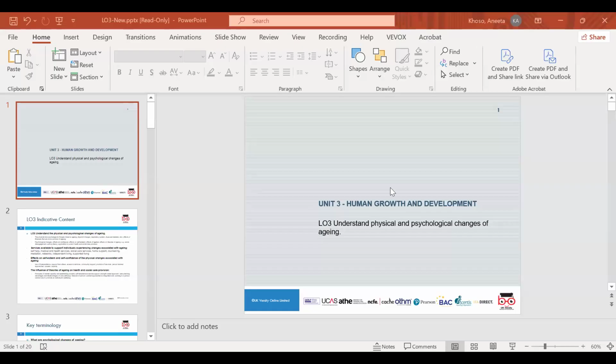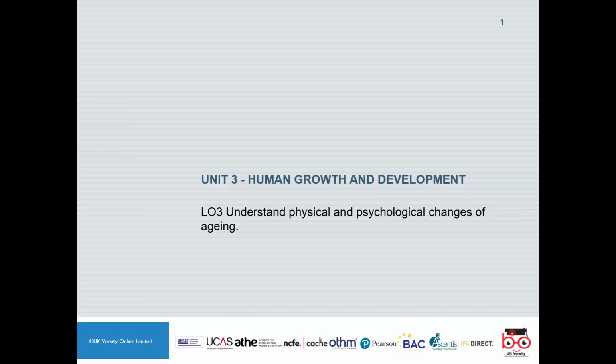The third learning outcome is about understanding the physical and psychological changes of aging. We know that when you're a child, there are different factors. The process is different, and when you're an adult or an older person, the changes are even more varied.